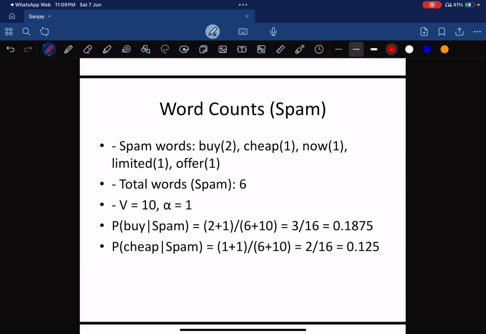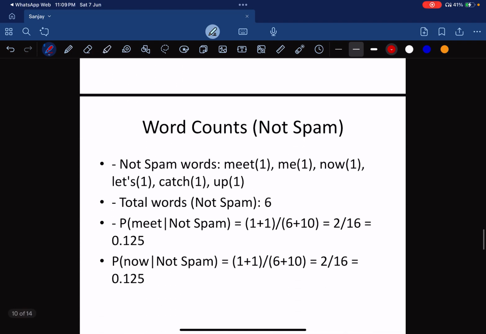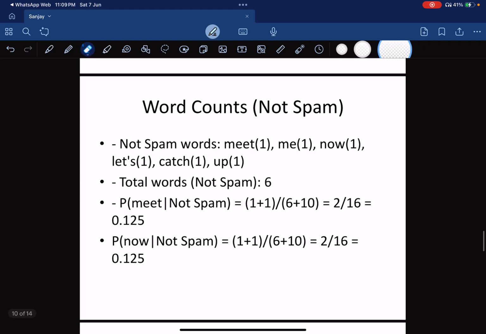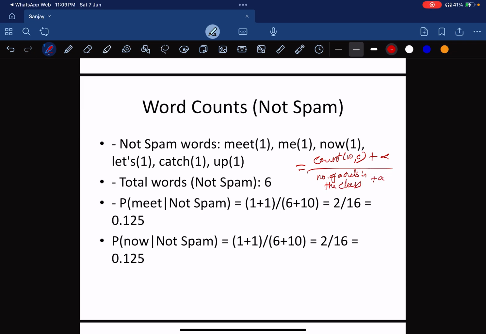After finding the word probabilities for the spam class, we will do the same for the not spam class. Here it's also the same as above. The formula is also the same: count of W comma C plus alpha, divided by the number of words in the class plus alpha times V, where alpha is 1.